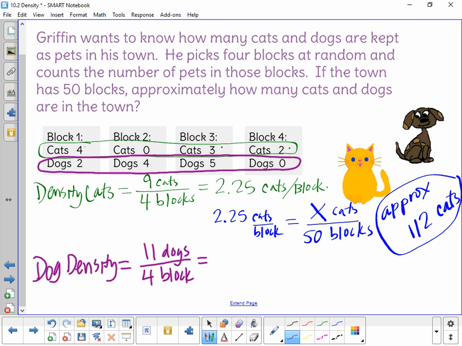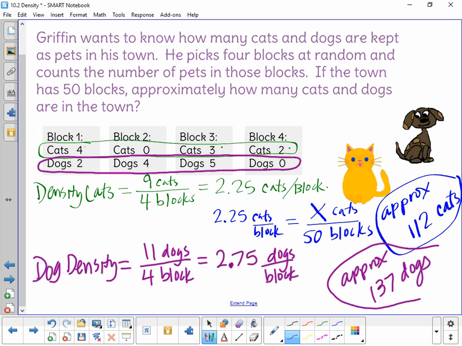Well, that gives us a dog density of 2.75 if we calculate that, dogs per block. So if we wanted to calculate the number of dogs in 50 blocks, we can do that the same way we did with the cats, and we will find that there are approximately 137 dogs total in his little town.